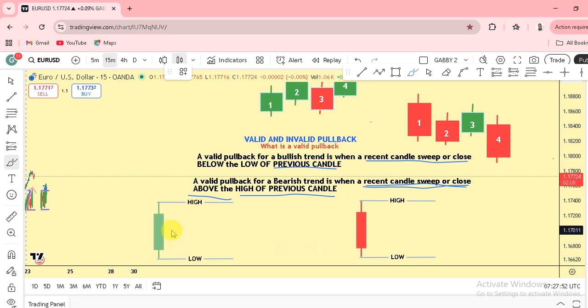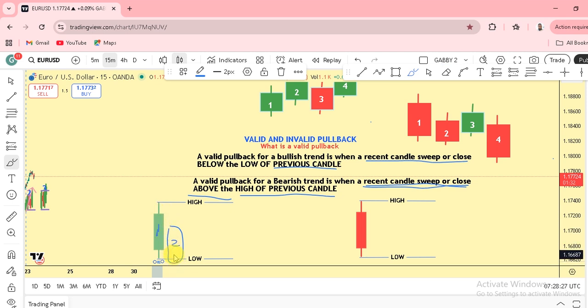So when we have something like this, this candle, candle one, becomes our recent candle, but the moment another candle is formed, candle one becomes our previous candle. Our attention now is to see whether this candle two that just formed here closed below the low. As you can see, this candle closed below the low.